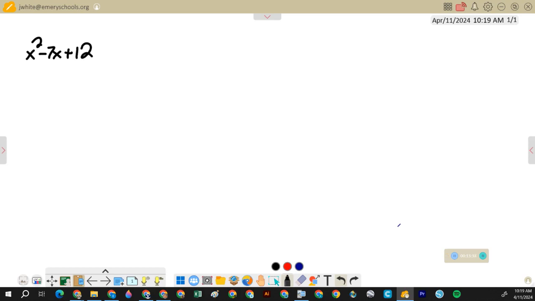That is my quadratic. The goal is to figure out where this quadratic hits the x-axis. So we need to unmultiply those two factors. We're going to pretend like we don't know what those two factors are. We do, right? This is A. So the answer is going to be 4 and 3. So draw a multiplication box.